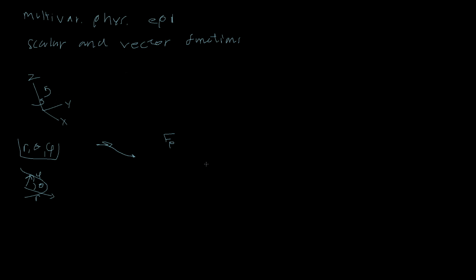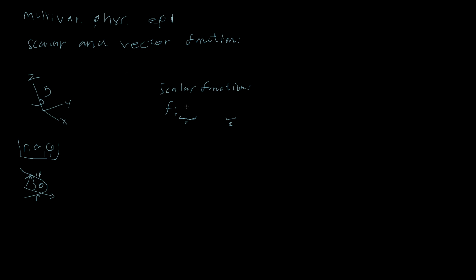So let's start and define one of these functions. Let's start with scalar functions. A scalar function, and if you're not used to this notation, you'll get used to it, has a domain here and a codomain here.